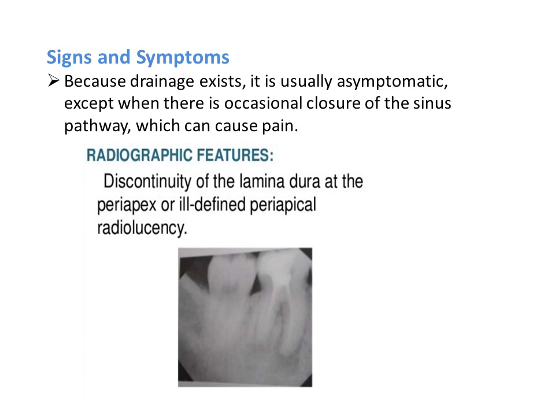Then the case will be chronic and there will be no symptoms because there is a drain. Radiographically, there will be discontinuity of the lamina dura at the apex region. There will be ill-defined periapical radiolucency, as you see.